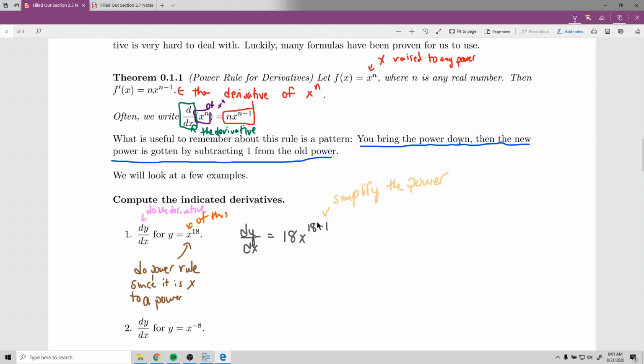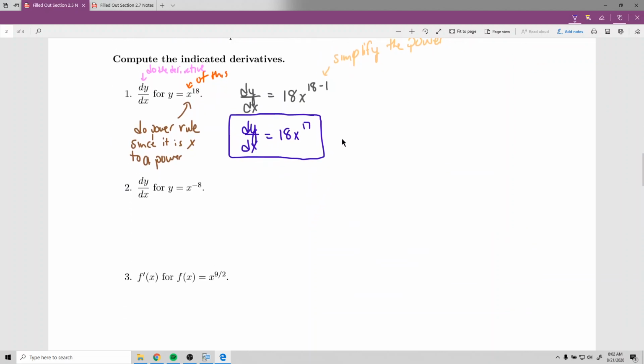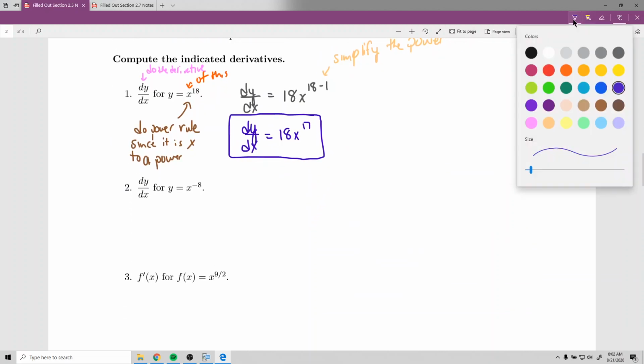Here, 18 minus 1 is 17, so the derivative is 18x to the 17th power. We just got a few that are very straightforward applications like this, nothing else going on. So number 2, we've got to do the derivative of x to the negative 8 power.